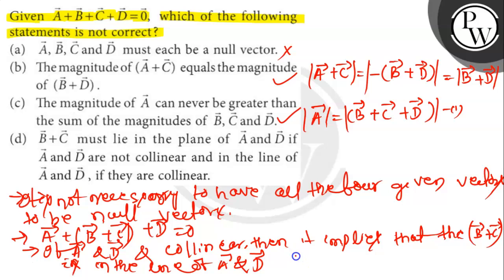This implication holds only then the vector sum of all the vectors will be 0. So statement D is also correct.